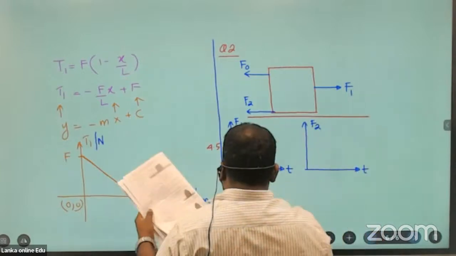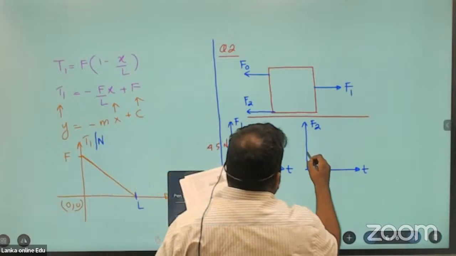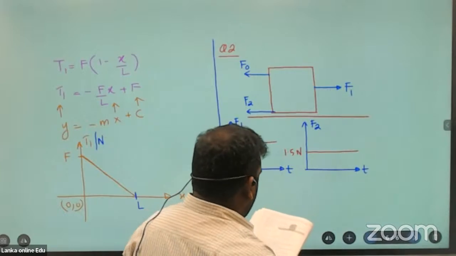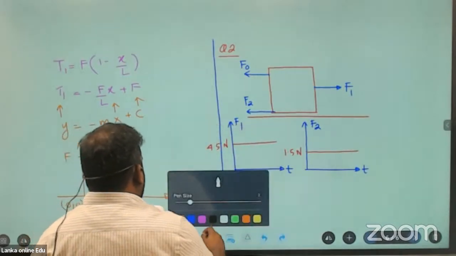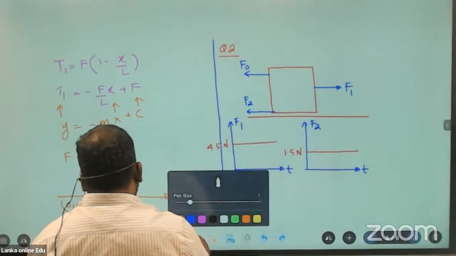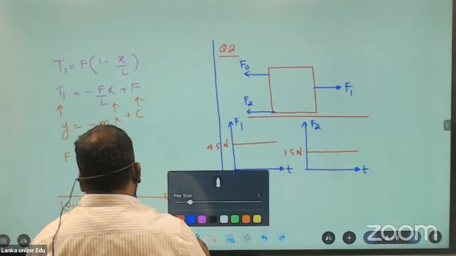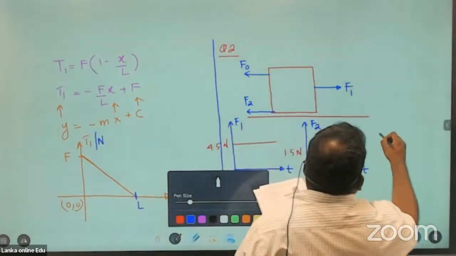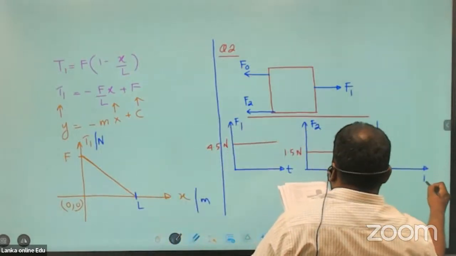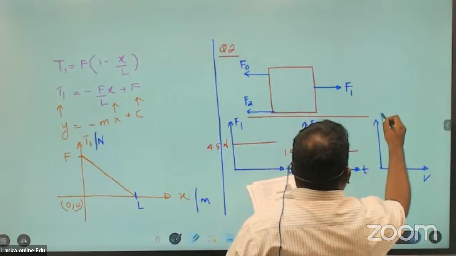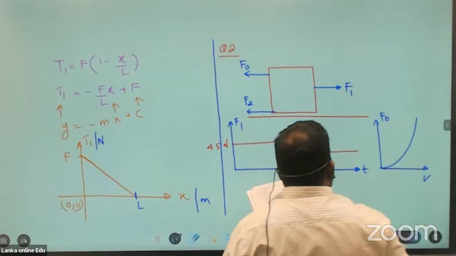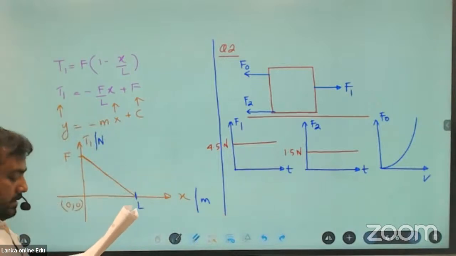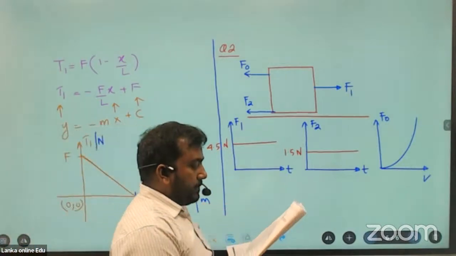And F0, sorry, is going to be, with velocity, F0 keeps on increasing. There you go. Now carefully answer these questions.